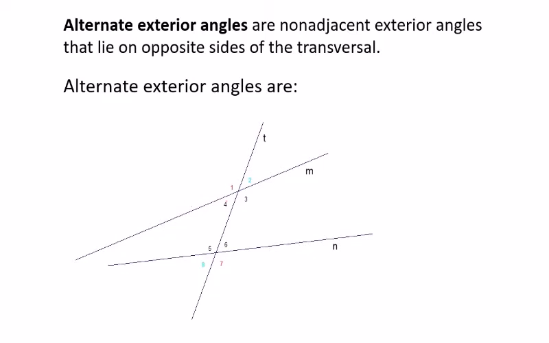In this case, angle 1 and angle 7. One's on the left, the other's on the right, and they're outside of the lines. So angle 1 and angle 7, and then the other set of alternate exterior would be angle 2 and angle 8.